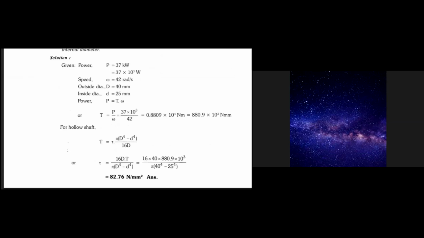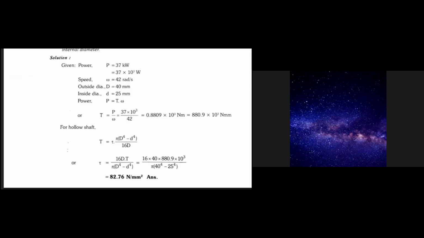Here we have to calculate the shear stress tau value, and capital D is 40, small d is 25, that is 40 power 4 minus 25 power 4 by 16 into 40. And substitute T value also. T is calculated, that is 880.9 into 10 cube.